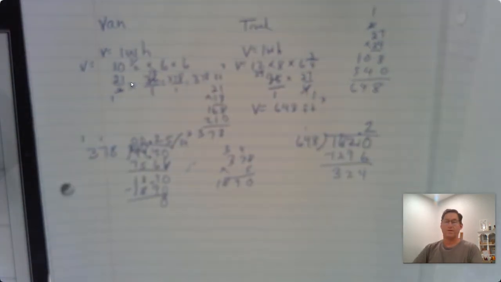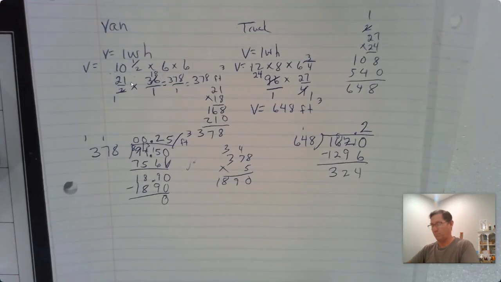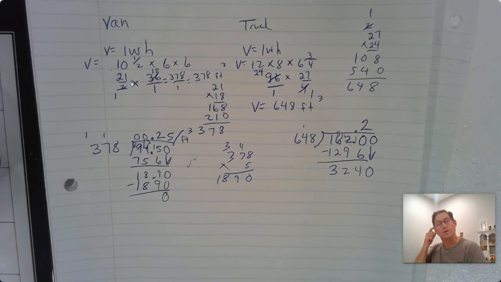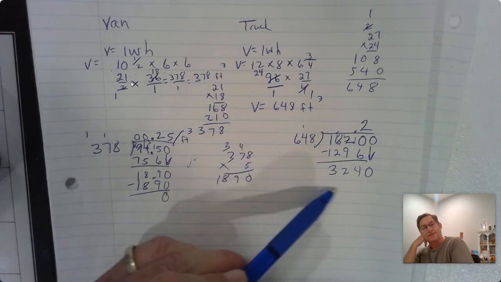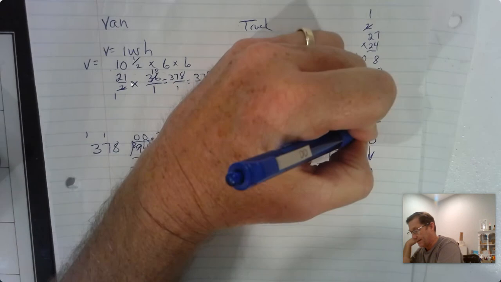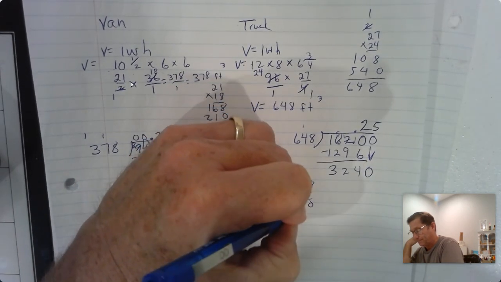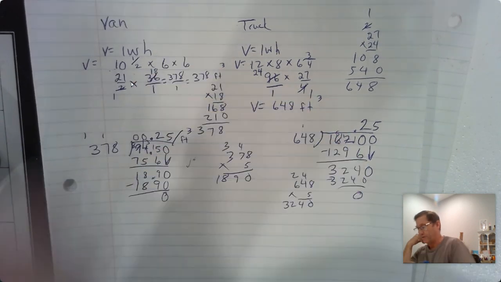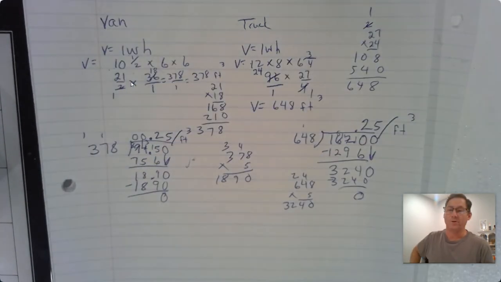So we have 324 left over. But since we have a decimal, we want to keep adding until either our decimal repeats or we get a remainder of 0. Well, 5 times 6 is 30, so that's pretty close to this. I'm going to try 5 again. Okay, so I get no remainder, and again, it's 25 cents per cubic foot.